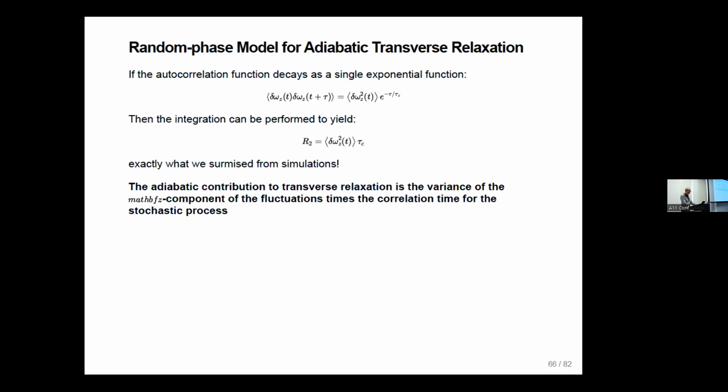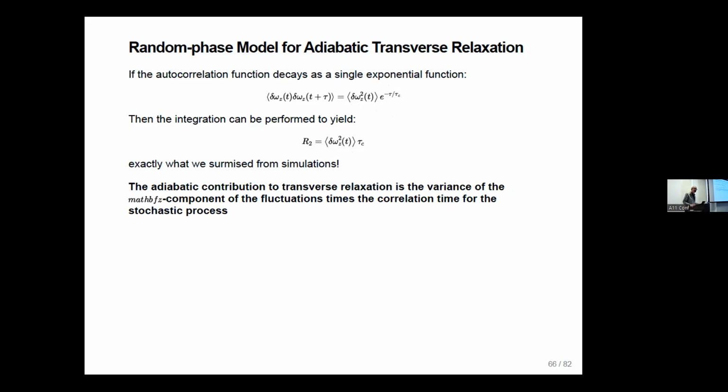This is the bit about stationary. If our autocorrelation function decayed as a single exponential, it would decay as variance times a single exponential decay. And in that case, we can just do the integral. We know how to integrate an exponential, and we get that R2 is variance times correlation time.